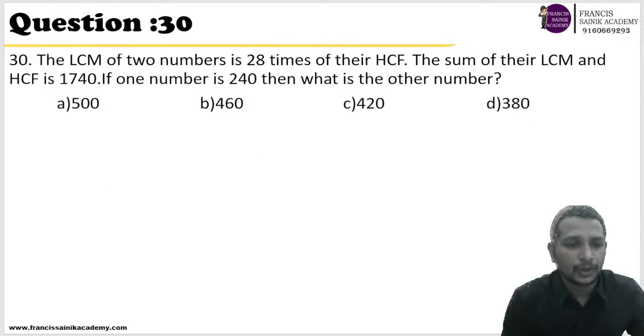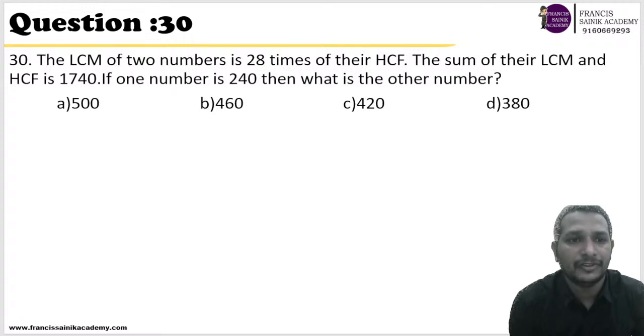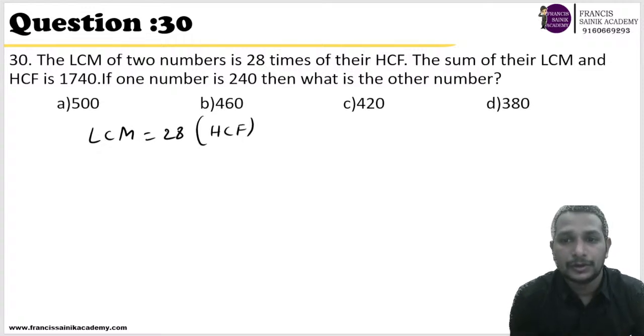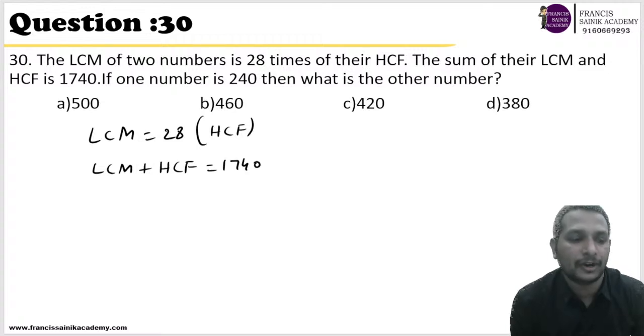Next question. LCM of numbers is 28 times HCF. LCM of the numbers equals 28 times the HCF. The sum of LCM plus HCF, they gave as how much? 1740. So LCM they gave as 28 times HCF.